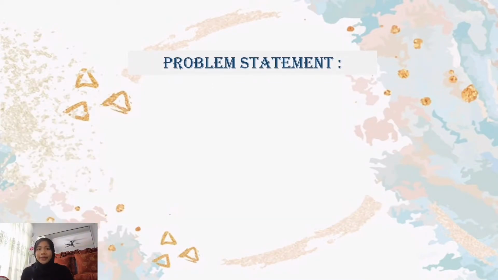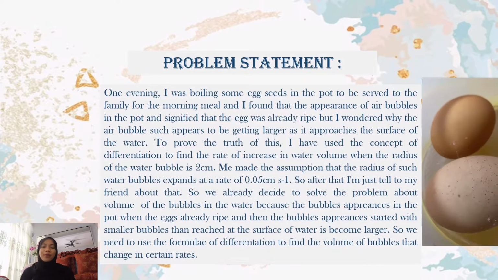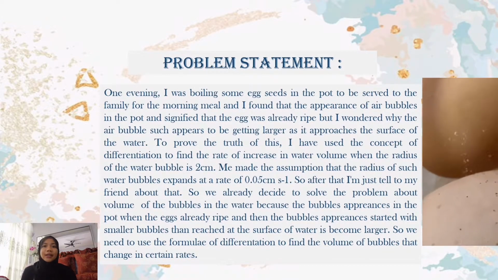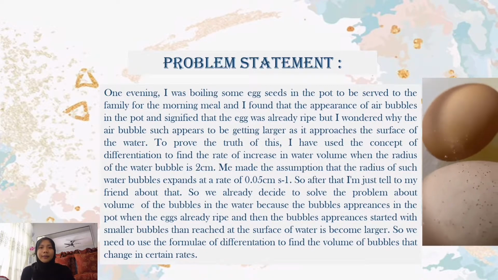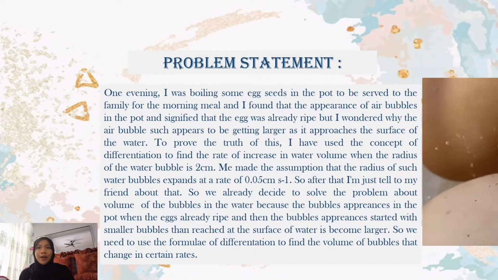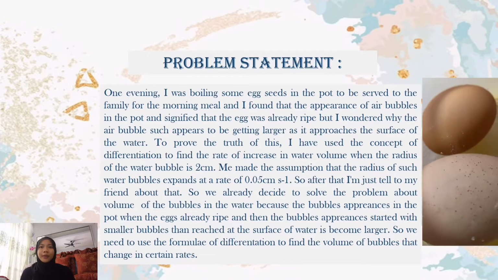The problem statement is, one evening, I was boiling some eggs in the pot to be served to the family for the morning meal. I found that the appearance of air bubbles in the pot signified that the egg was already ripe. But I wondered, why do the air bubbles appear to get larger as they approach the surface of the water?